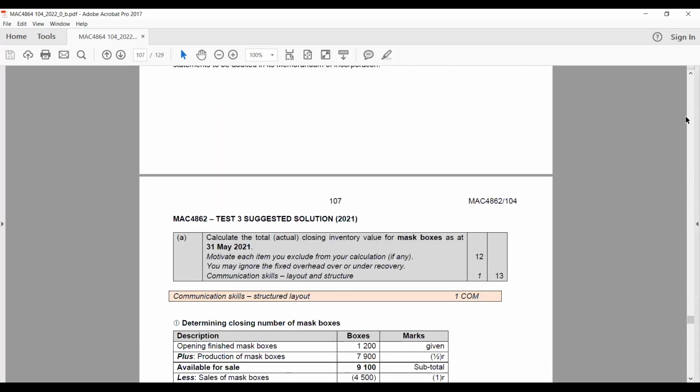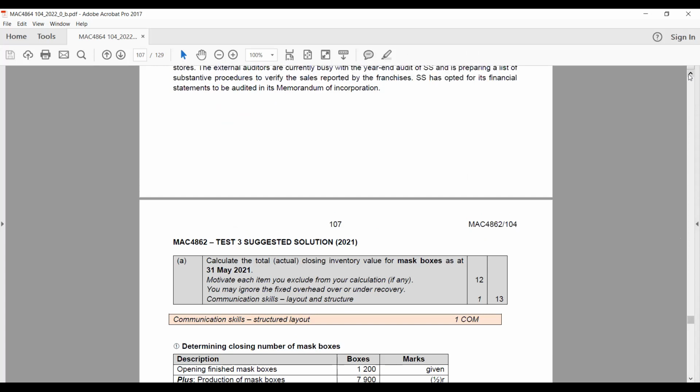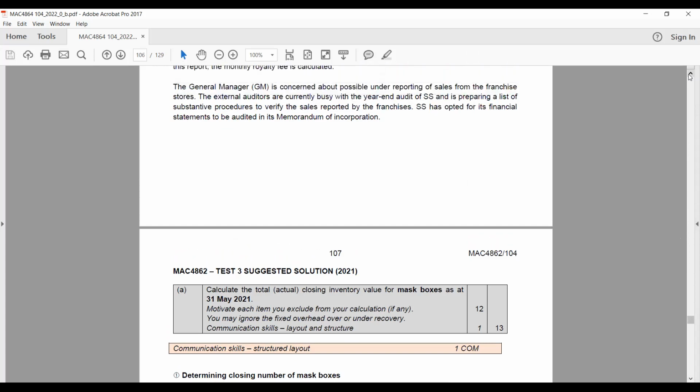So here is part A. Part A says calculate the actual closing inventory value of mask boxes as at 31 May 2021. Motivate each item you exclude from your calculation. You may ignore the fixed overhead over or under recovery.